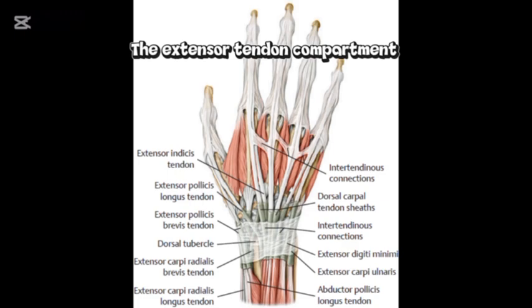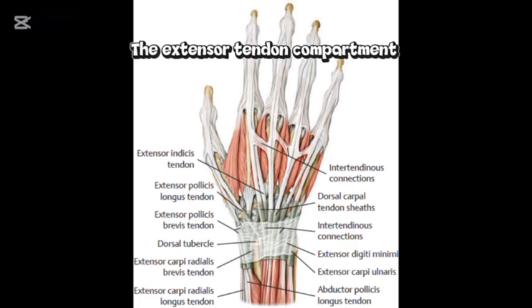Compartment 2 contains the tendons of the extensor carpi radialis longus and the extensor carpi radialis brevis. The second compartment is separated from the third compartment by Lister's tubercle. What is Lister's tubercle? The Lister's tubercle is a bony prominence of the distal aspect of the radius. Simple. Compartment 3 conducts the extensor pollicis longus tendon, which forms the medial border of the anatomical snuffbox.